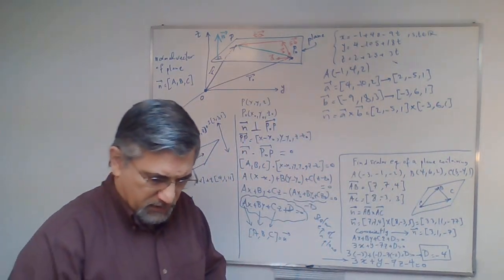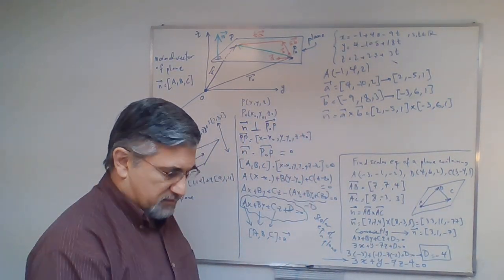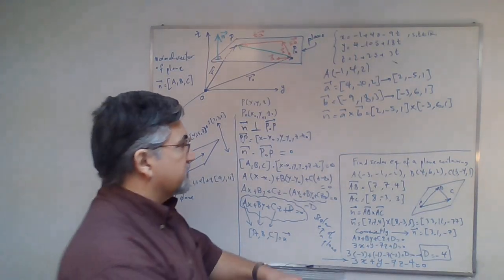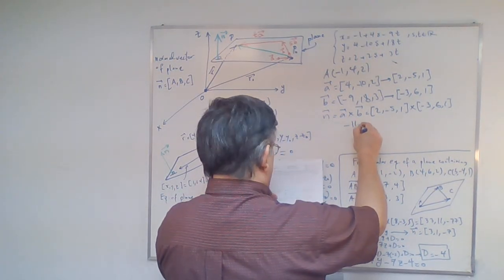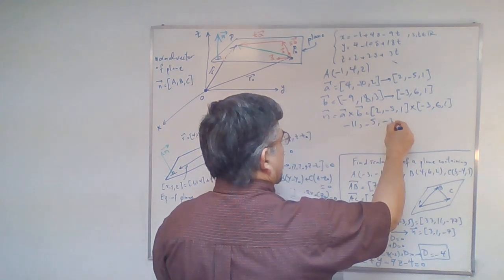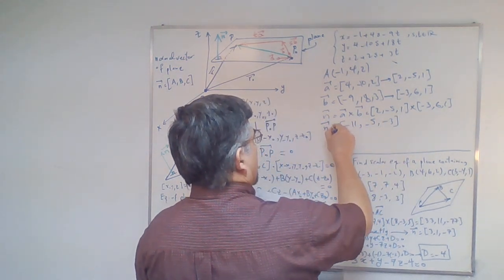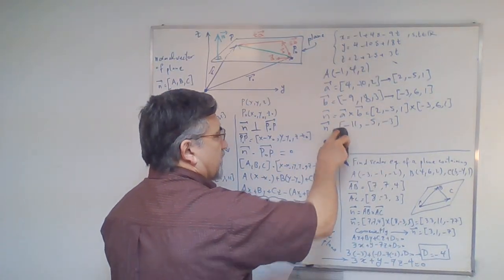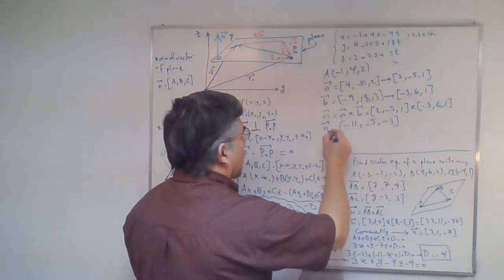It's easier to do the cross product. And if you do the cross product, you are going to get the result of -11, -5, -3, okay? And this becomes the normal vector of the plane, okay?